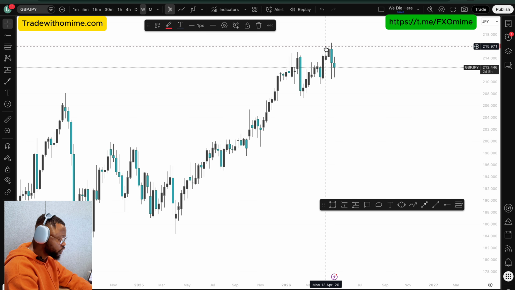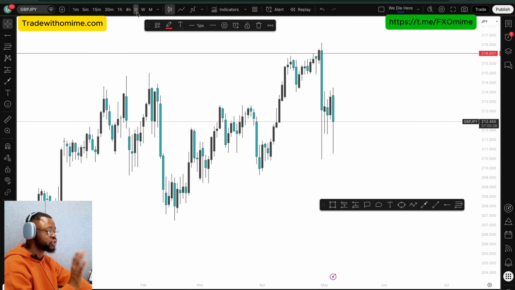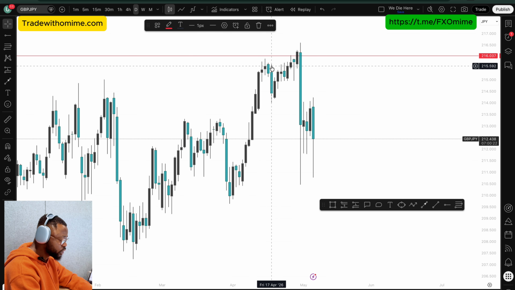You can see we have a rejection. This particular line here is depicting the monthly levels I drew out already. You can see how price has rejected from there. We had an engulfing candle here. If we come to the daily time frame, this is us analyzing just one month in general. You can see a massive candle shot down from that particular area.